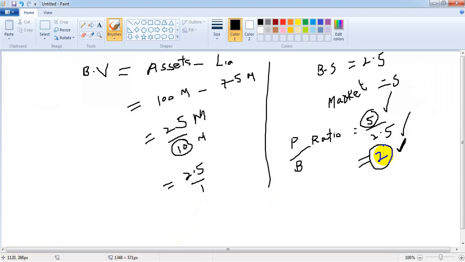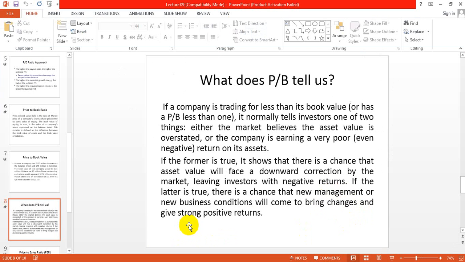So he's talking about if the book value is less than 1, means price in the market, suppose it is 5, and book value is suppose 6. So we will get a value less than 1. It will be less than 1. So if the price to book value is less than 1, it will tell us two things.